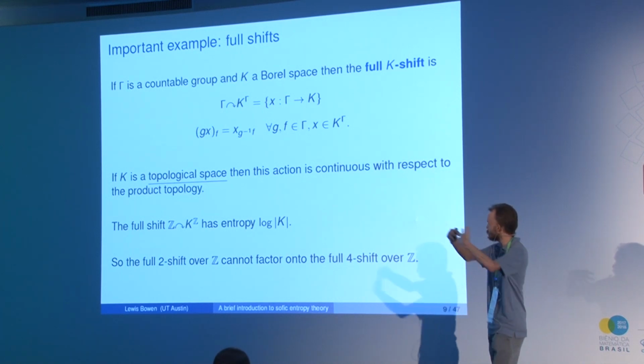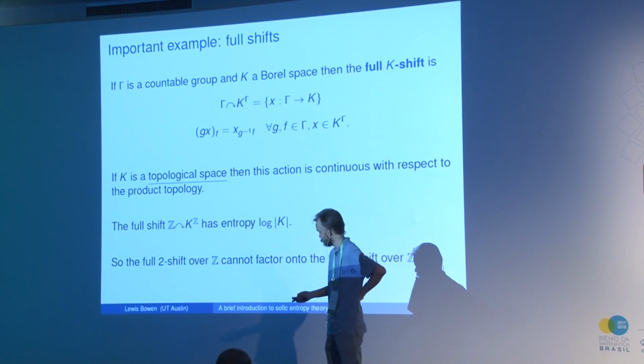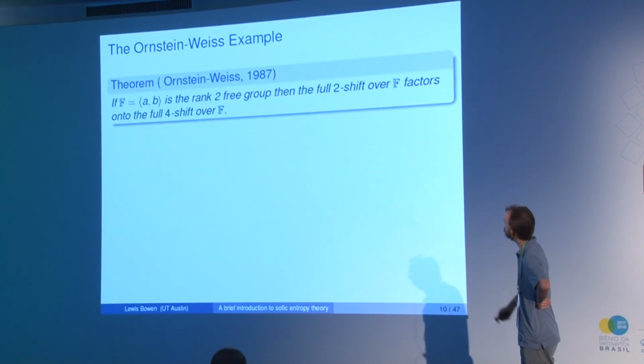So if we're going to map one thing onto another, we're losing information, and so entropy should go down. Well, or it could stay the same, but it can't increase.